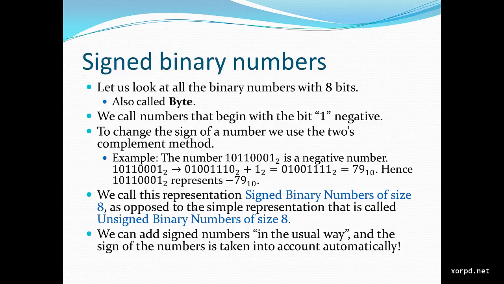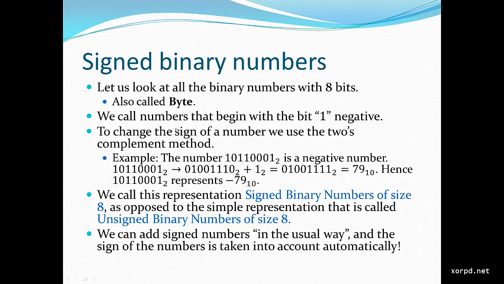We call this representation of numbers the signed binary numbers of size 8, as opposed to the simple representation that we learned earlier, that is called unsigned binary numbers of size 8. What does this notion mean? What does signed mean? It means that it has a sign. It has a sign of plus or minus, kind of a virtual sign.